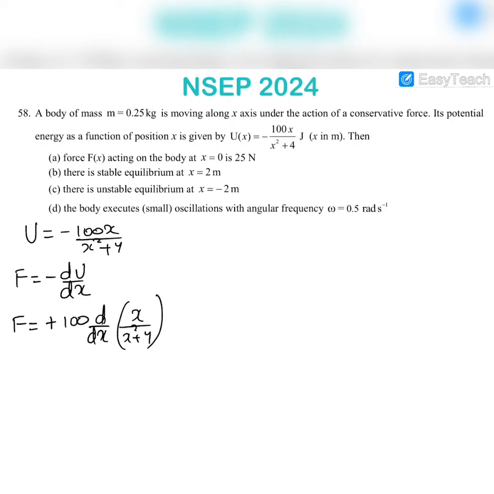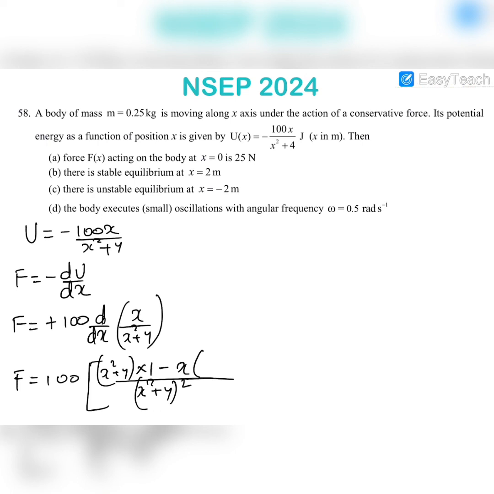Now F will be 100 and the differentiation of this term will be x square plus 4 whole square, and x square plus 4 into differentiation of x is 1, minus x, and differentiation of x square is 2x. So F will be equal to 100 into 4 minus x square, divided by x square plus 4 whole square. This is force F.